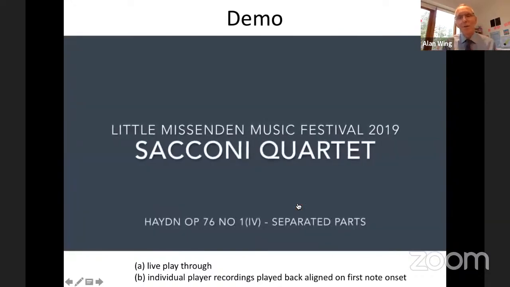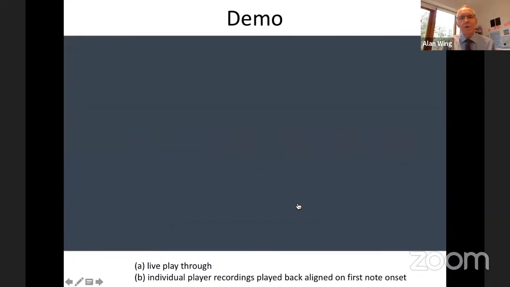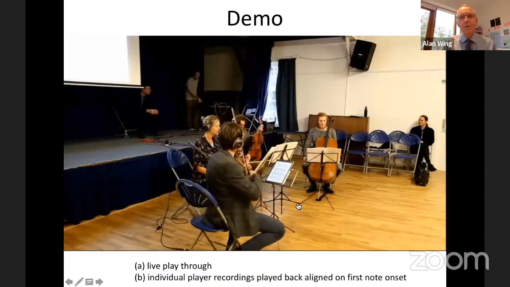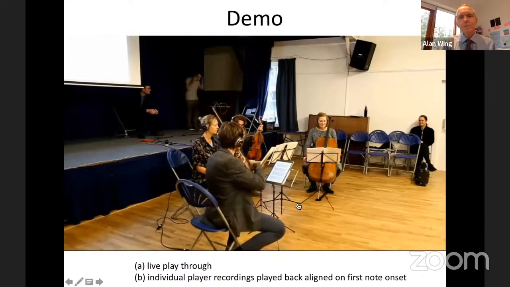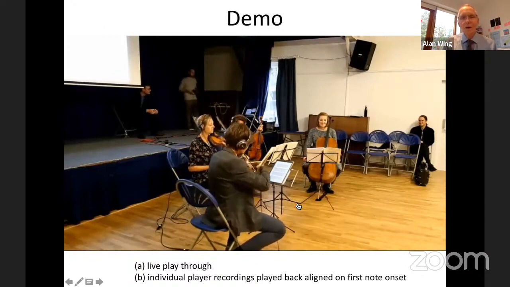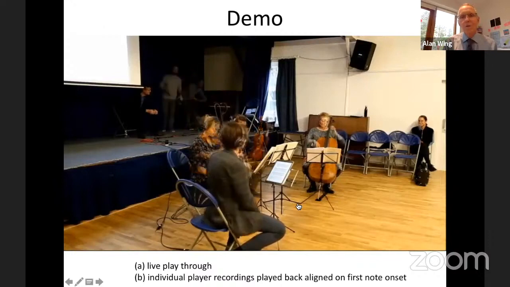Now this time they're going to play their parts separated. We'll just hear a bit of the first violin. And skip to the beginning of the cello.